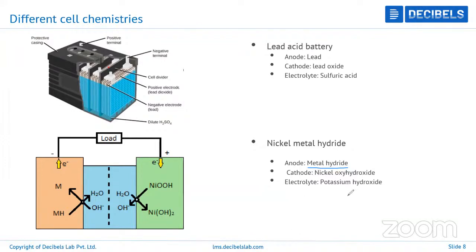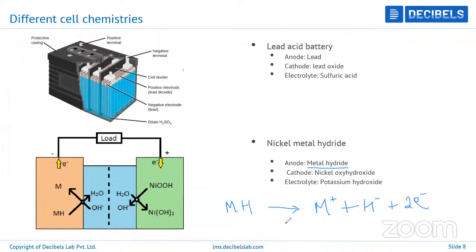So it could be potassium, zinc, manganese, magnesium, any of these metals, depending upon the requirement. As I said, metal hydride will generally be given as MH. Metal hydride will undergo oxidation. So we'll have pure metal, a metal ion, plus a hydride ion, plus an electron.